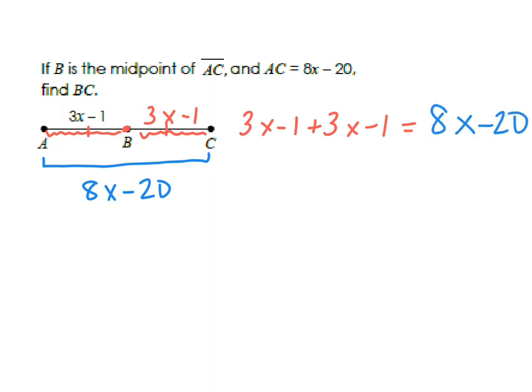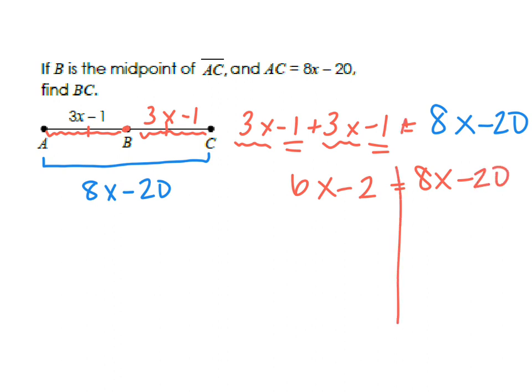I used the fact that the pieces were equal, but then I had to go back and use segment addition like last week. Combine your like terms, so I'll have 6x and negative 2 on the left equals 8x minus 20. Move my smallest variable, so I would move the 6x.